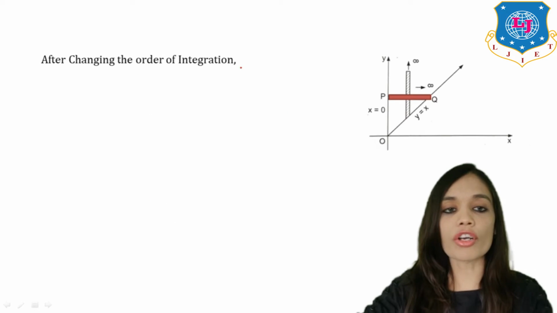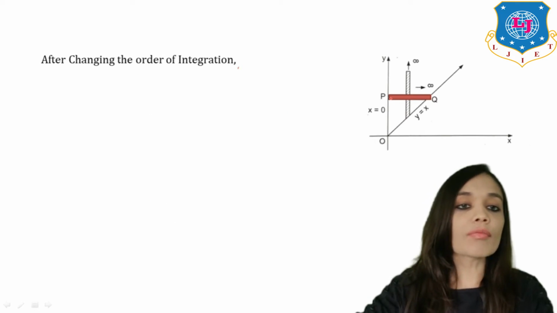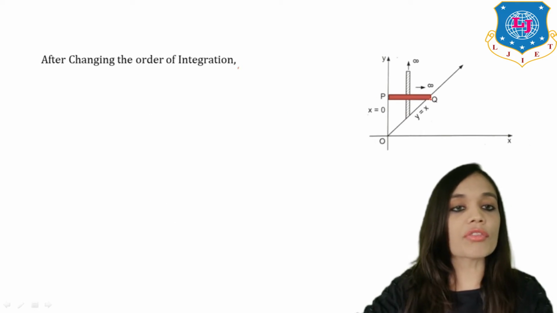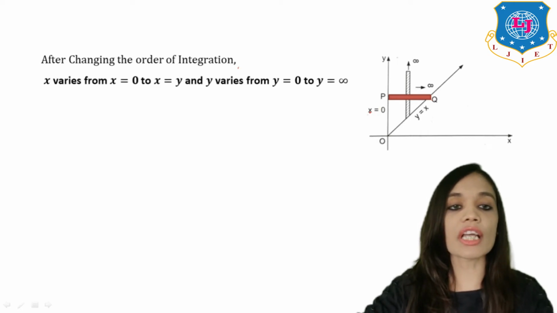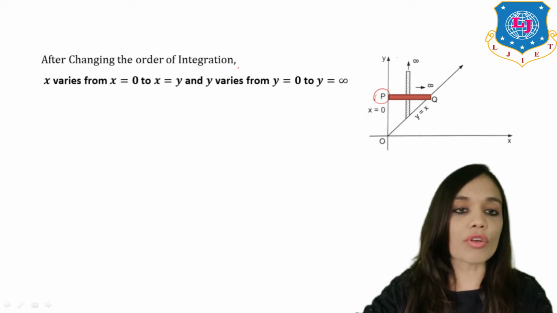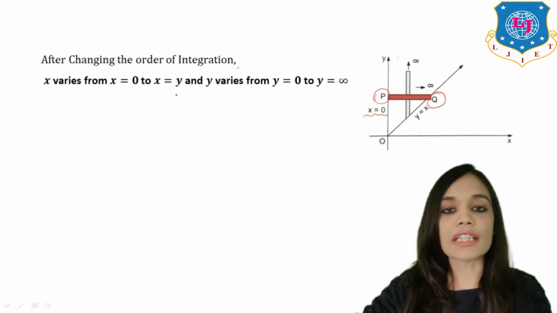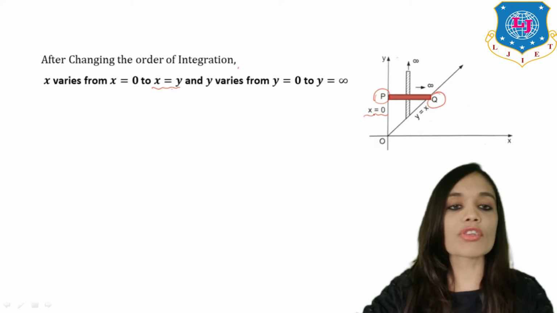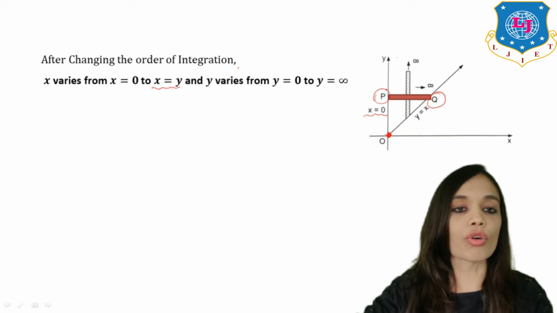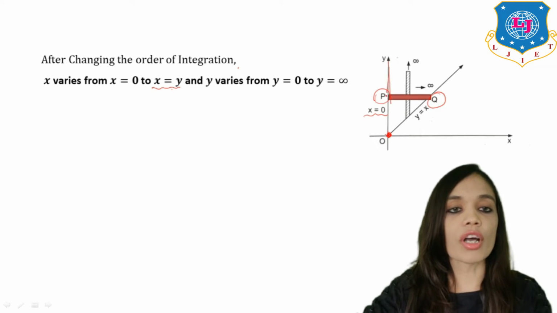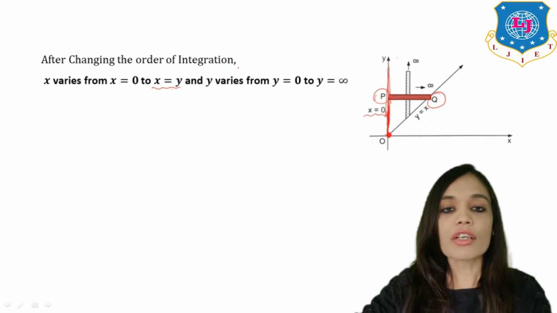So changing the order of integration and drawing our horizontal strip PQ, our limits will be from x is equal to 0, which is starting from P and will end at Q, that is x is equal to y. And our limits of y are from 0 to infinity. So these are your new limits.